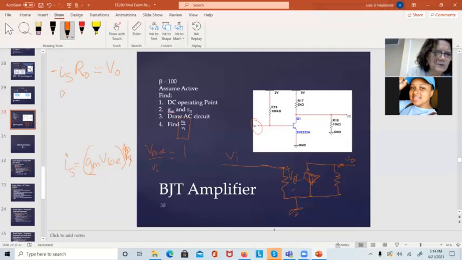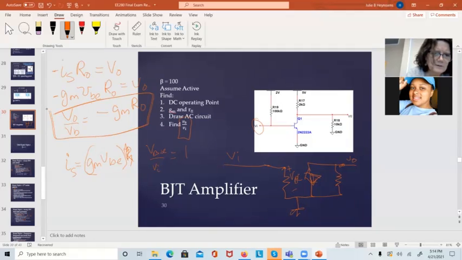The current source is GM VBE, and RO is whatever that resistance is. I put a negative sign in there, and that's going to equal V out. So V out over VBE comes out to be negative GM times the output resistance. And then we just multiply those together like we did with the other problem. Okay, all right, that's it.